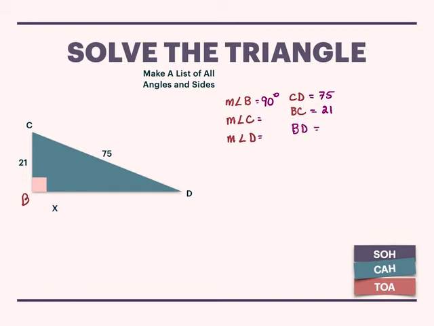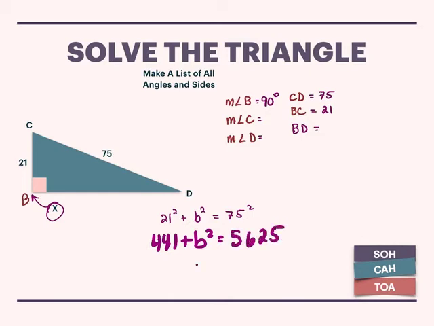So let's go ahead and this time, since we know two sides, we can find this third side. Oh, I guess that's supposed to be the X right there. It's all right. I'm going to go ahead and work it with B. Let's go ahead and use the Pythagorean theorem. A squared, one of the legs, plus the other leg, I don't know that leg, has to equal the hypotenuse squared. We have our calculators. And we go 21 squared, 441, plus B squared equals, and we go 75 squared, 5,625.